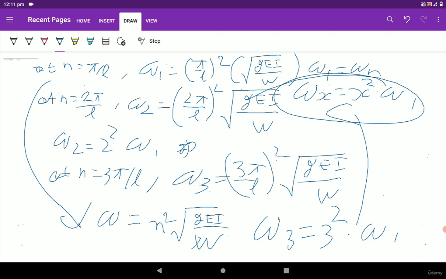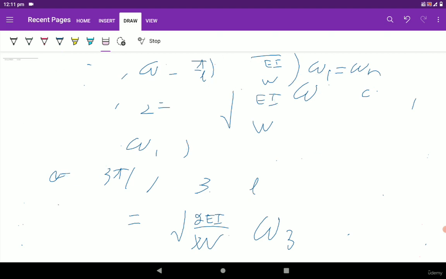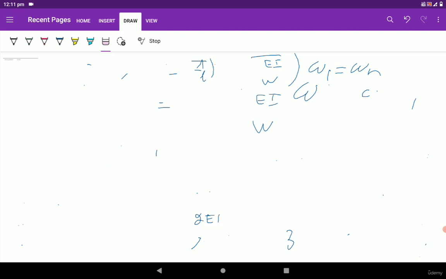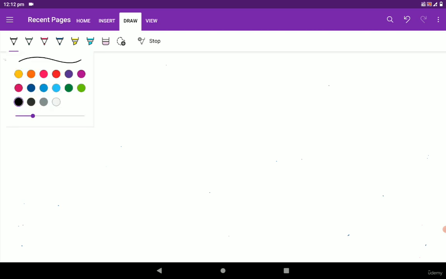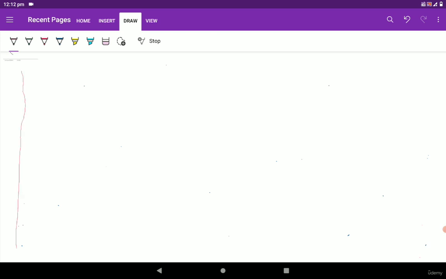So let me plot the graph for this, how the nodal graphs would look like for these cases. Let me plot one by one.